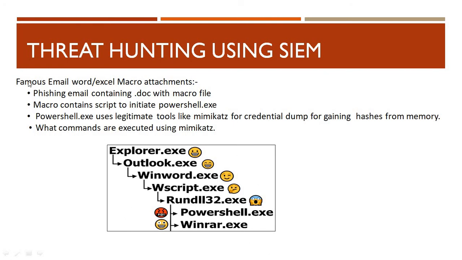So now this is a simple scenario where each and every process seems to be a legitimate one. None of the processes seems to be a malicious one, right? So none of your antivirus will point out an error saying that some malicious process is being executed, because Outlook is legitimate, Word is legitimate, WScript is legitimate, a signed binary, PowerShell is a signed binary, everything is a signed binary. So that's the aim of the attacker right now.